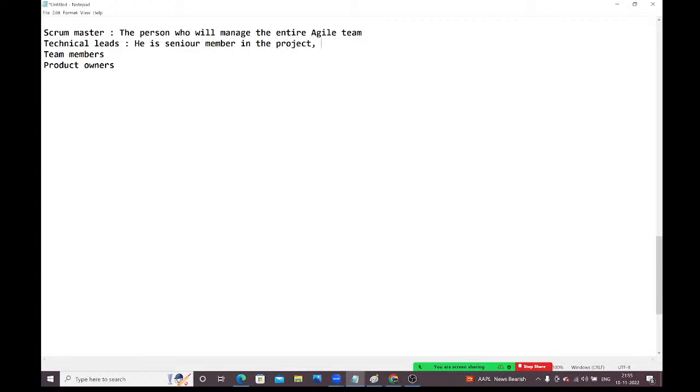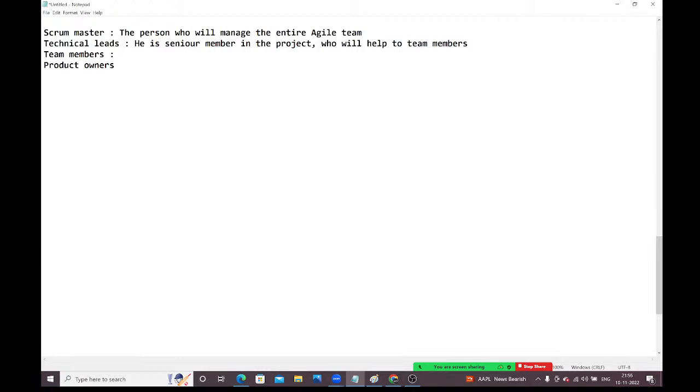Who will help the team members. So those people we will call technical leads, guys. These guys are the senior members only. There is no project lead, team lead kind of words in our agile approach. Everyone should work, guys.